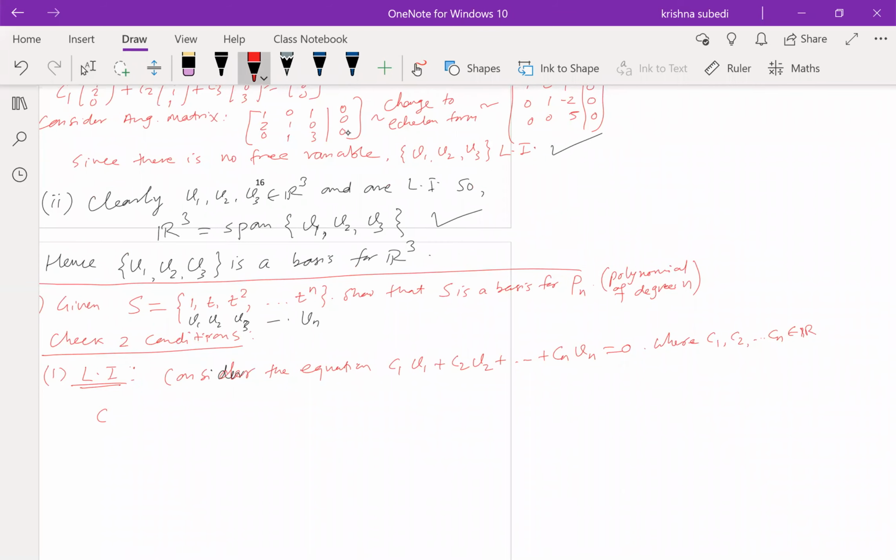So then c1 v1 is 1, plus c2 v2 is t, plus c3 v3 is t square, plus it goes like that, plus cn t to the n, equal to 0. Is that okay?